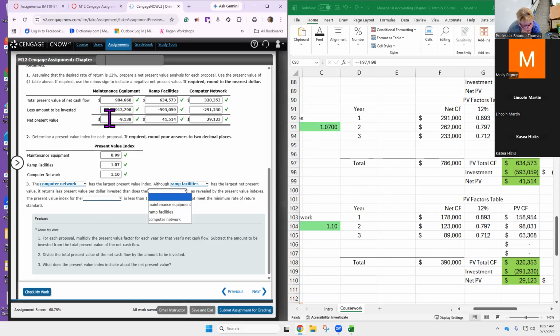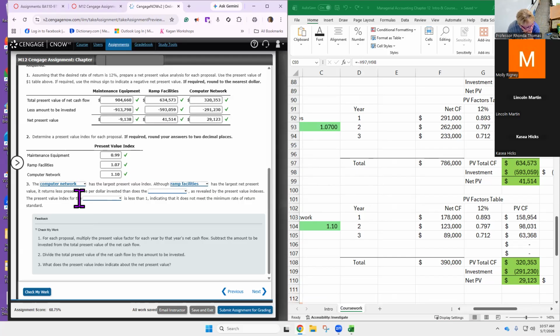Well, this one was a complete bust because I'm still having trouble. My reasoning skills just left my head. All right, one more time. Although the ramp facilities has the largest net present value, it returns less present value per dollar.